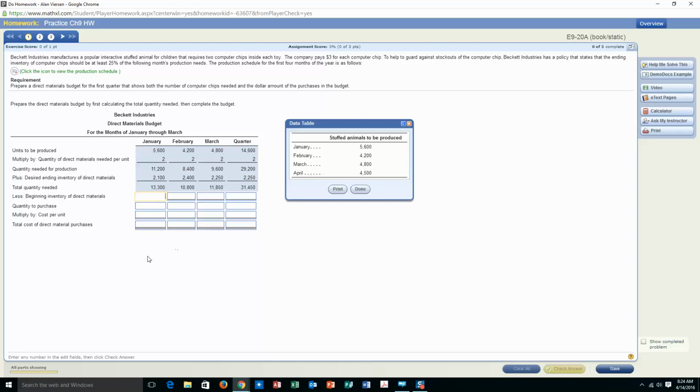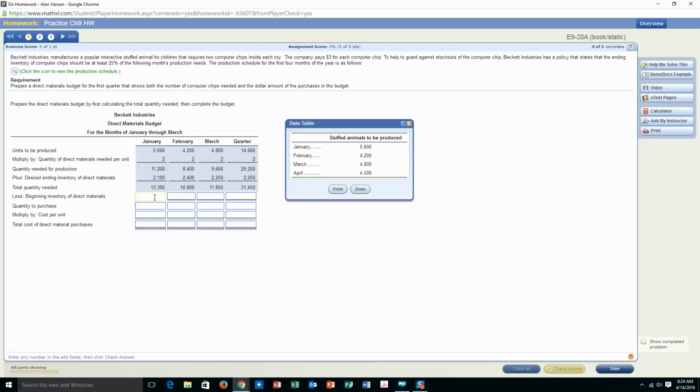Okay, now to adjust the inventory, I add the desired ending inventory and I subtract the beginning inventory. I can do that by taking 25% of the January quantity needed, and I can do that for each month. I can also take a look: the ending inventory for next month will be the beginning inventory for this month.